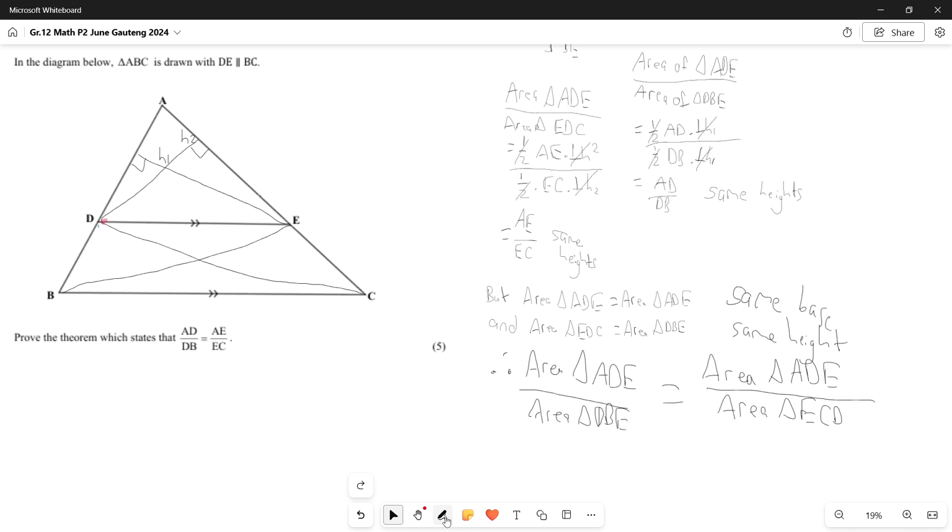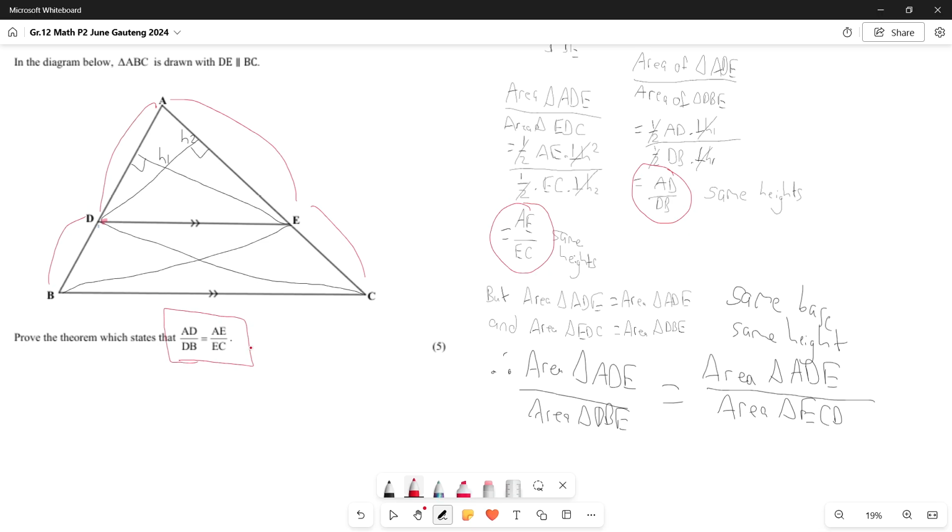They're both over the same base, so we can just drop them. Same thing here with the area of triangle ADE over area of ADE, which is the same, which means all that's remaining is just this, AE over EC, equals this, which is AD over DB, and this is exactly the proof that we have over here.